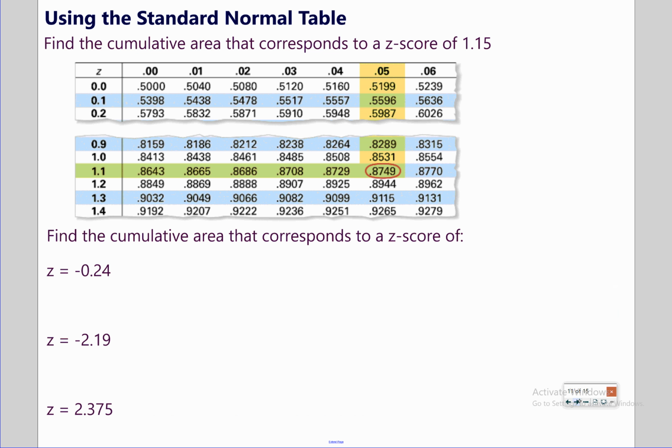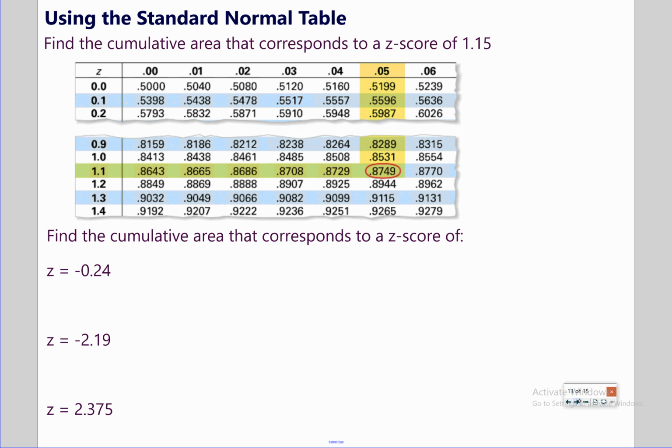Okay. So on your table, and mine's pink, but you guys have yours on the back of the packet, there's 2 pages to this. There's one page that says you're looking for the standard normal distribution, and it's a bunch of Z values. One of them has positive Z values, and the other side has negative Z values.